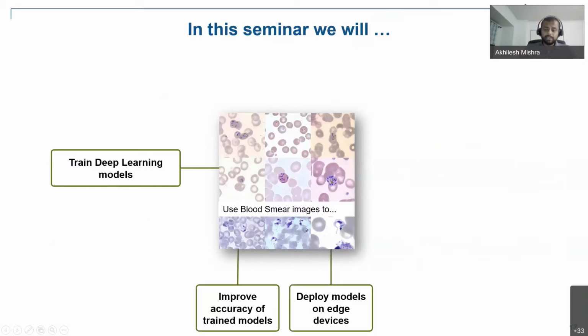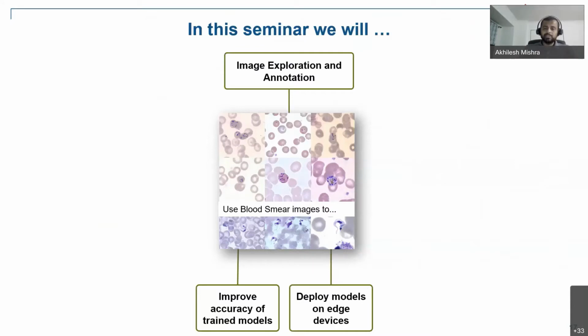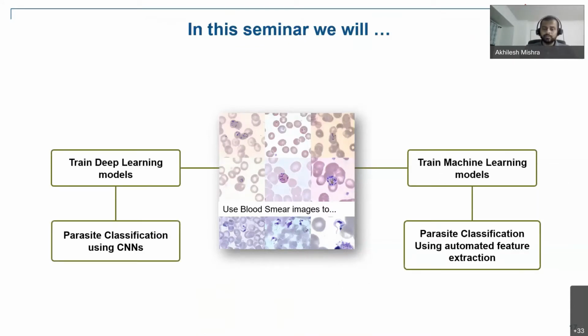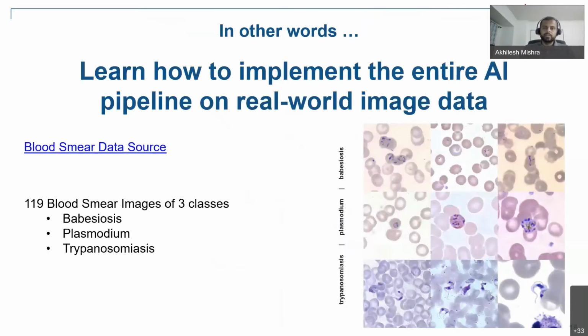The material I will send you after this presentation will have a few more additional things associated with it, like labeling the data set, and also training deep learning models from scratch and whatnot. You'll have access to all that data and the code files. This data set is from a public data source, taken from the CDC website in the United States.